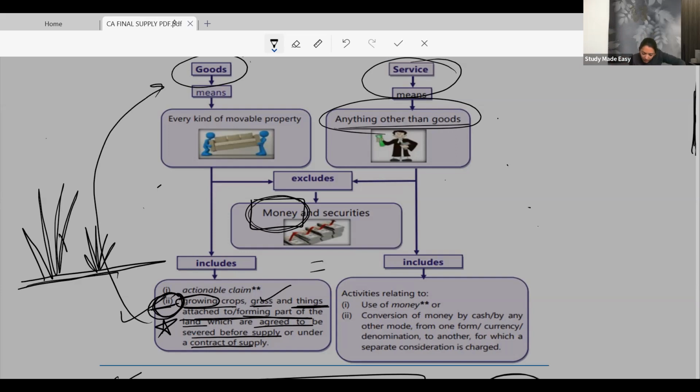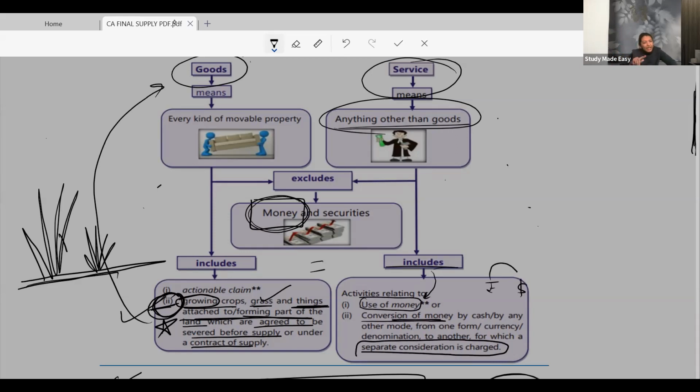Then, ma'am, what about this? Use of money. Service includes use of money. Remember, I am giving you a loan, I am using the money. The use of money is a service. If I am converting money, you came to me with rupees and want dollars, I am converting the money and charging a separate consideration from you.